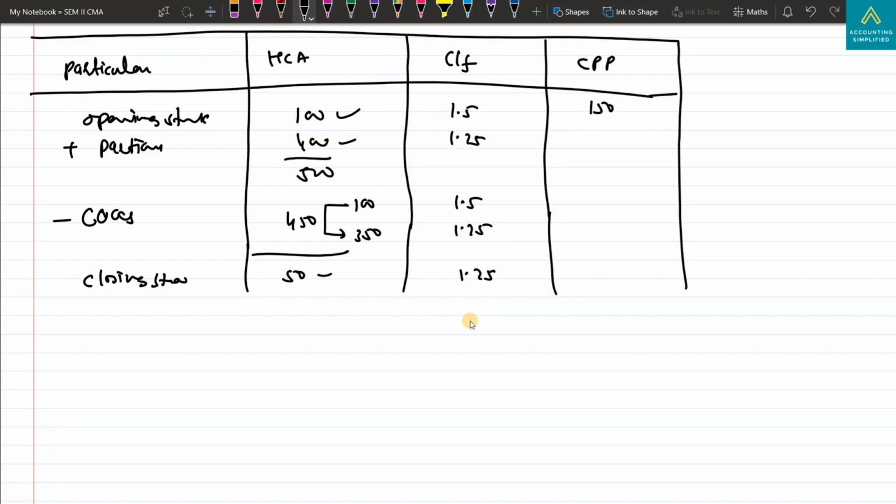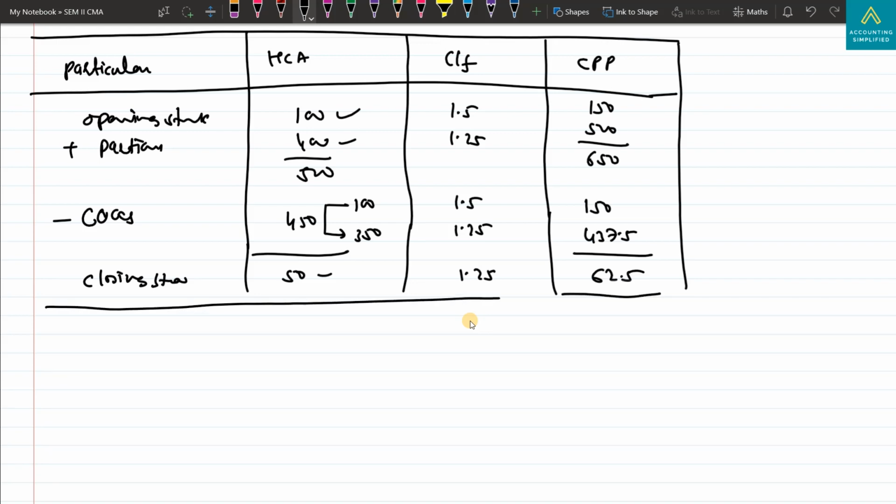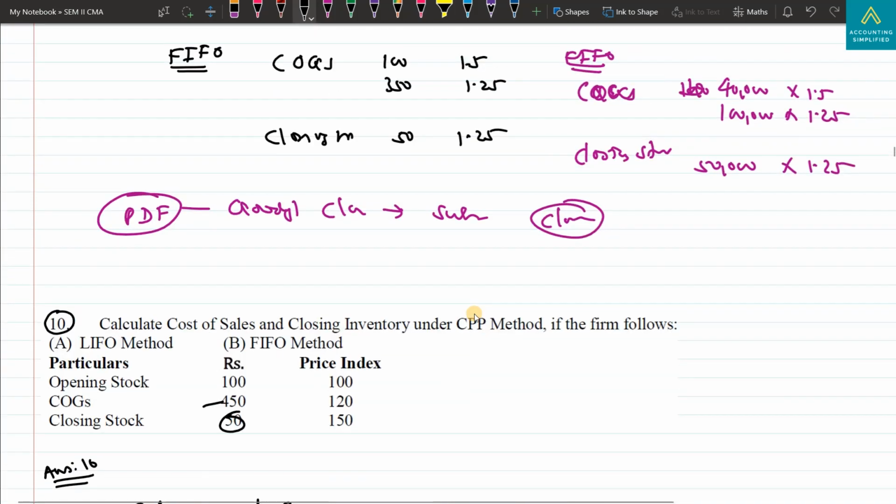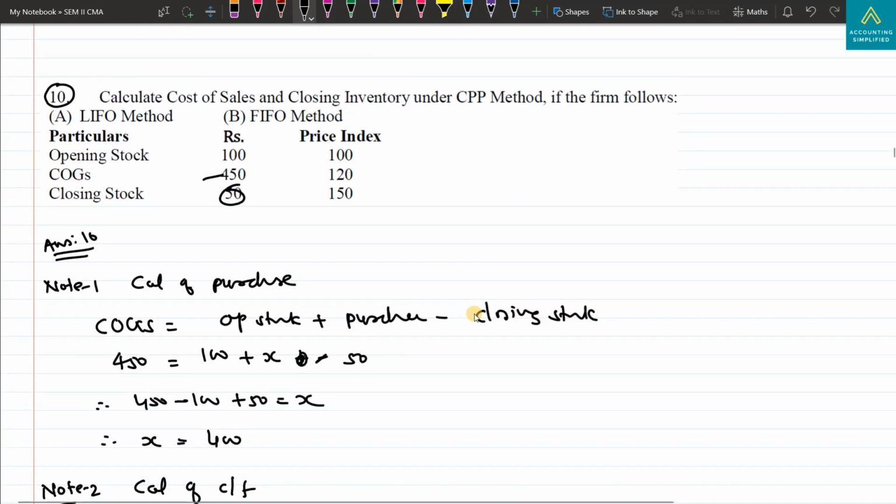So 150, then 500, total 650. Then this is 150, this is 437.5, so it comes 62.5. I hope you learned this example. Now it must be clear, this example number 10, right?